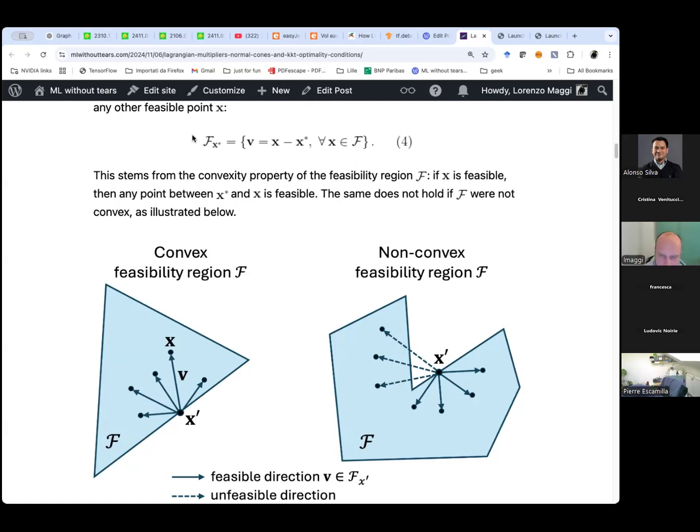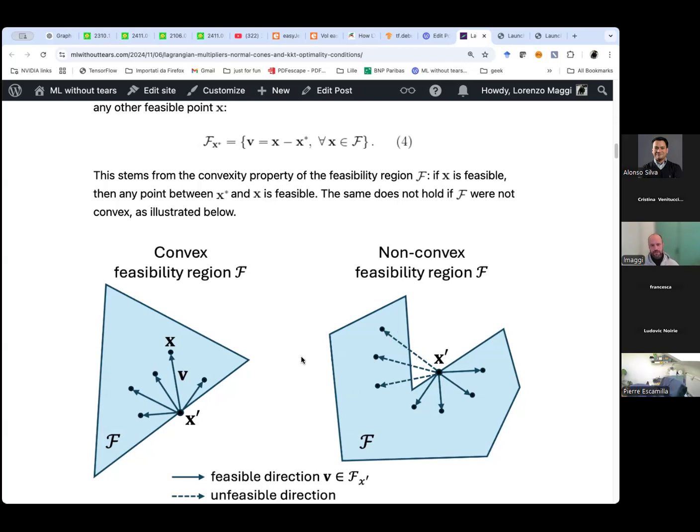Why is it not the case for a non-convex feasibility region? Because it may happen that you take a point in the feasible region and displace your initial point to that point, but this is not a feasible direction because you have actually gone outside the feasible region and then come back inside. This stems directly from the definition of a convex set.